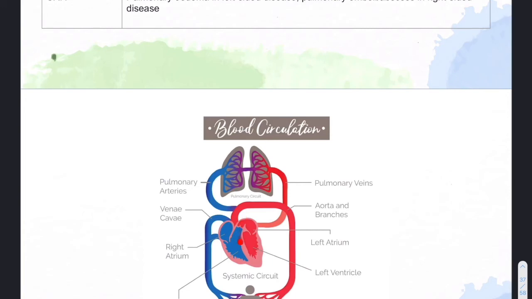But if the disease is on the left side, infective endocarditis might lead to valvular destruction, which is regurgitation, or backward flow of blood, leading to increased pressure on the left side of the heart. There would be a backward pressure increase, leading to pulmonary edema.